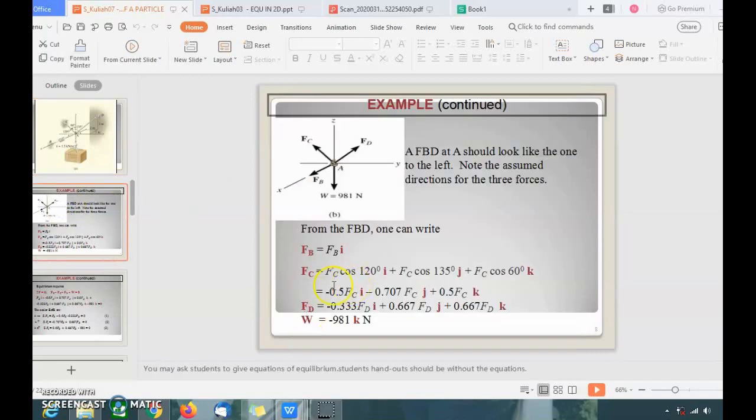So it becomes FC cos 120, FC cos 135, plus FC cos 60 degrees. So your vector form will become 0.5 FC in the I component, negative 0.707 FC in the J component, plus 0.5 FC in the K component.